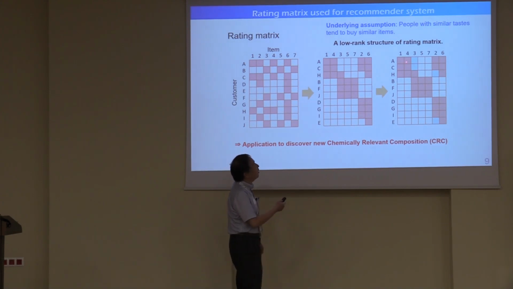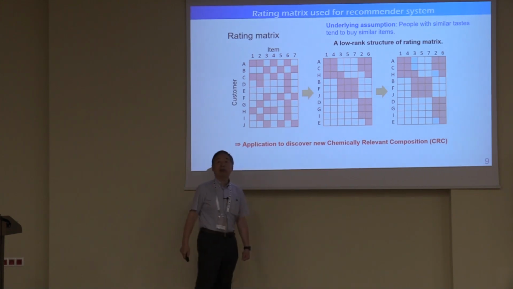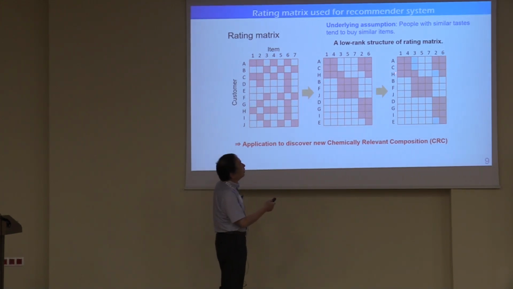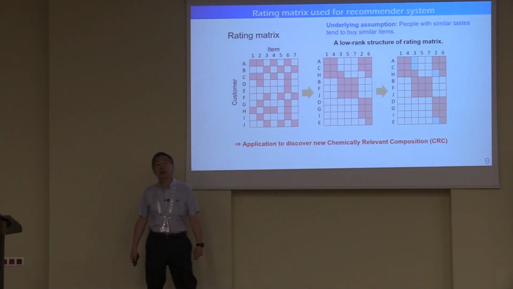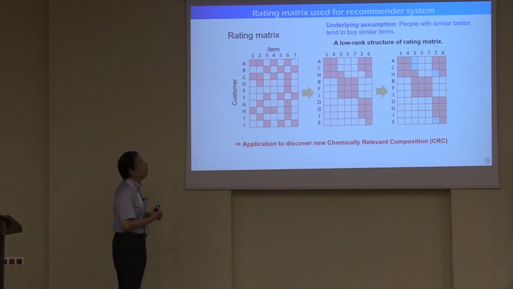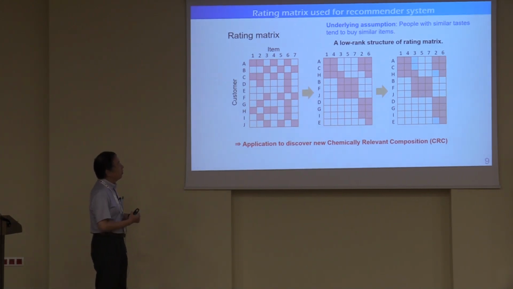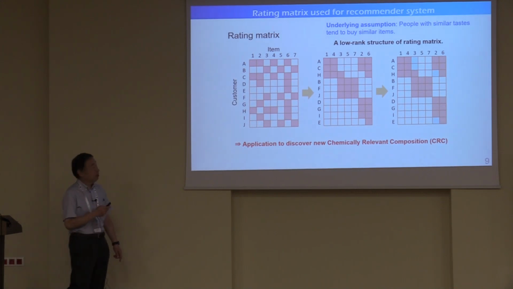In that way, we can understand that customers A, C, and H have similar taste. So probably customers A and C are interested in buying product number 3. The similar thing holds for customer H and item 2. This is a matrix decomposition. So we try to apply this to the search of chemically relevant system composition.